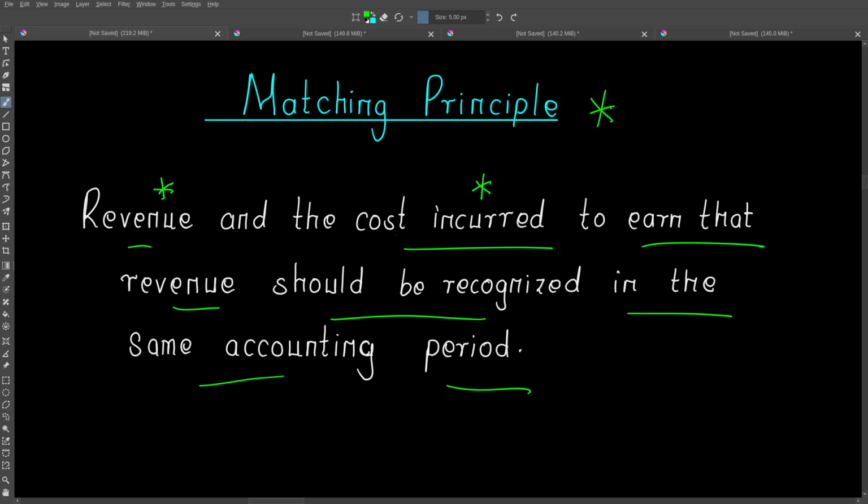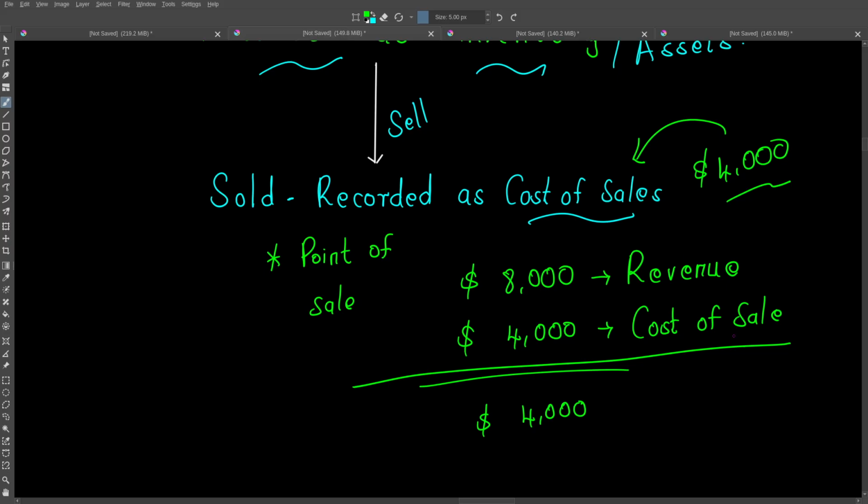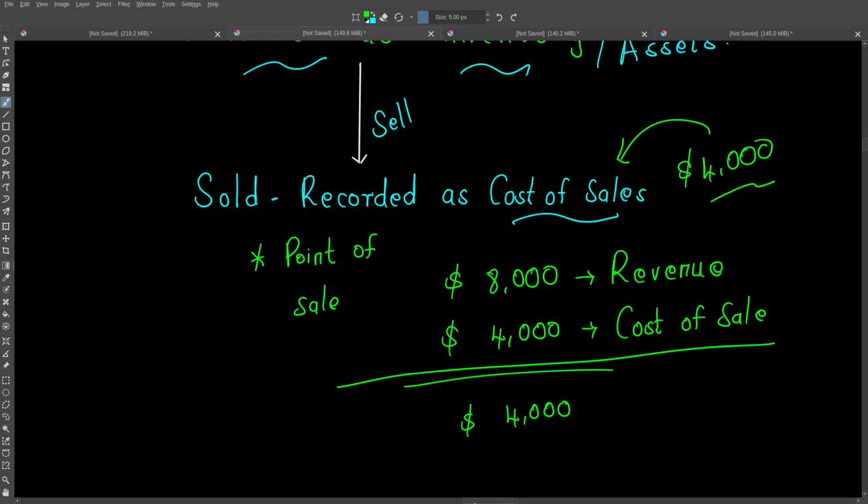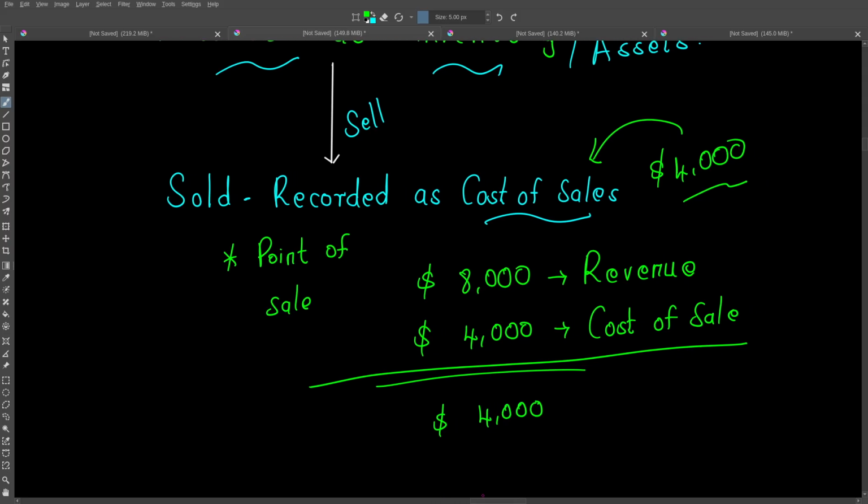And one of the direct costs that you incurred to earn revenue is either the money that you've used to buy those goods that you have sold or to manufacture those goods that you have sold, okay? So the matching principle is the one that guides us to make sure we recognize the cost of sales at the point when we make that sale, the moment we earn that revenue, okay?